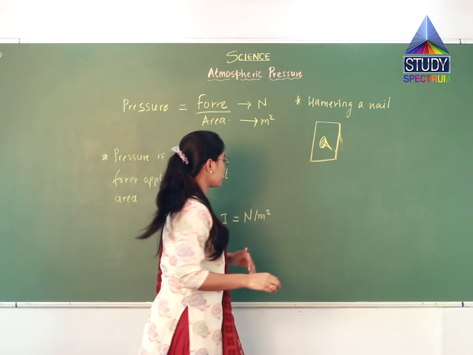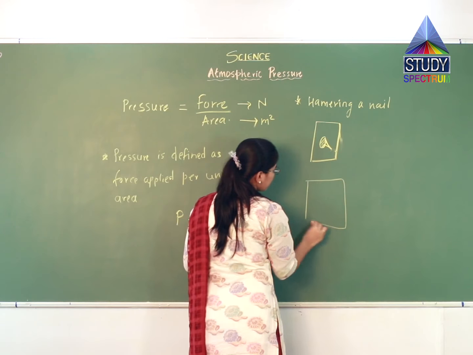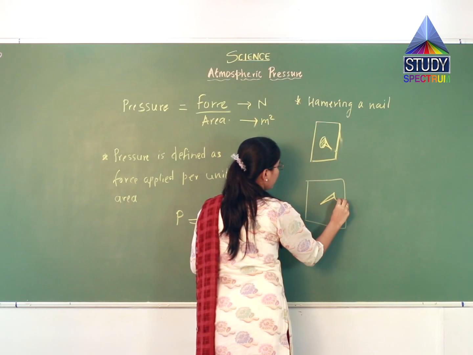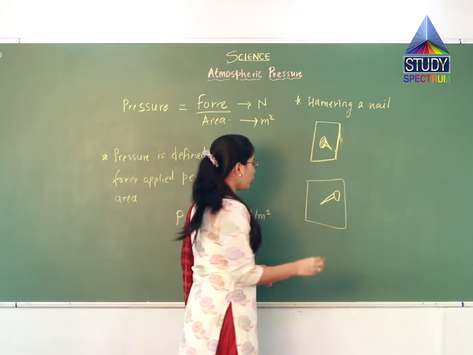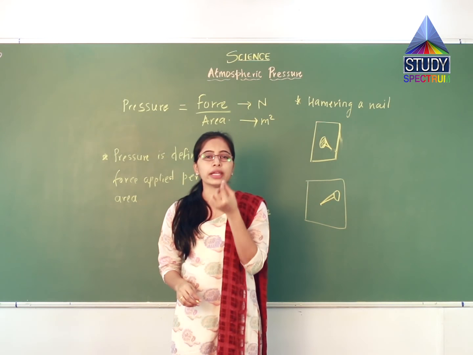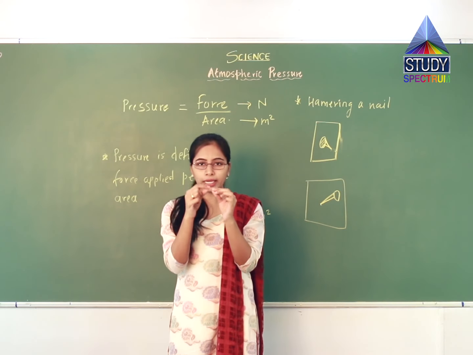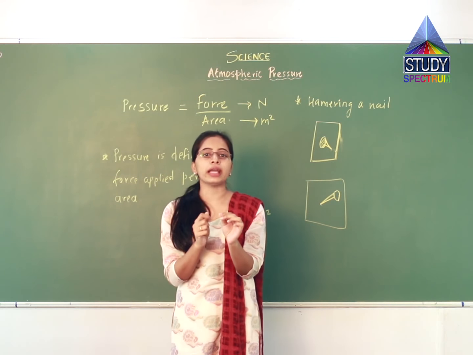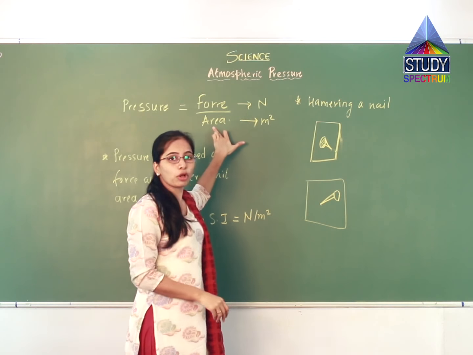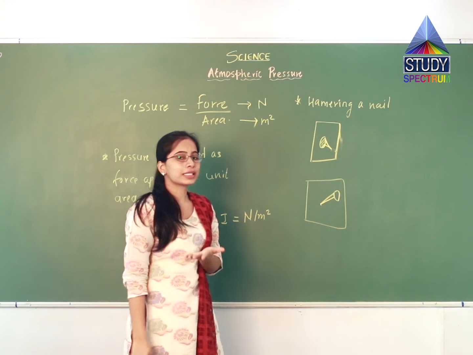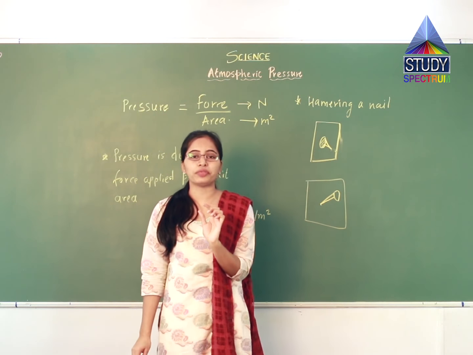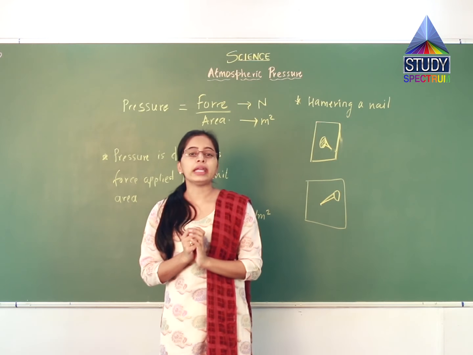Now in the second case, we are taking the same wall, but now I am hammering the nail in this way. Here you can see the area at that point is very small, meaning the area on which the force is acting is very small. So the area is smaller, the force is the same, then definitely the pressure will increase, and because of that your nail will go inside the wall.